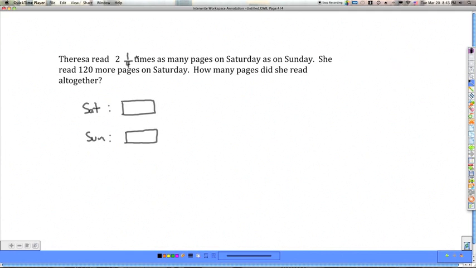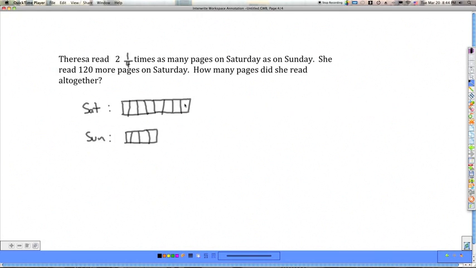So Teresa read 2¼ times as many pages on Saturday. So Saturday is longer. If Saturday were 2 times as many, it would look like this, but it's 2¼ times as many pages. So what we need to do is find out what is 1/4 of Sunday. Sorry about that, not quite as even as I'd like. So we're dividing everything up into quarters.